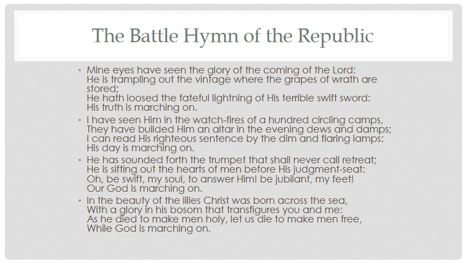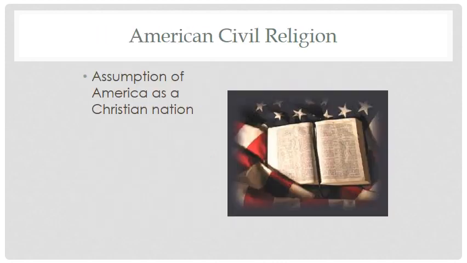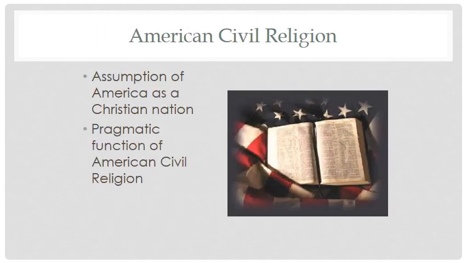And so that assumption was a very natural part of the way people were thinking during this era. Now, as the 19th century wore on, there were a lot more people who took this American civil religion and turned it into pragmatic ends, to try to develop some kind of vague, spiritualistic common language and common imagery that they could use to unite people, particularly politically.